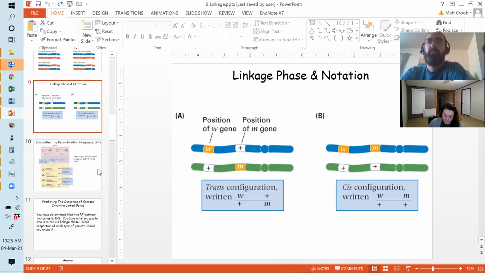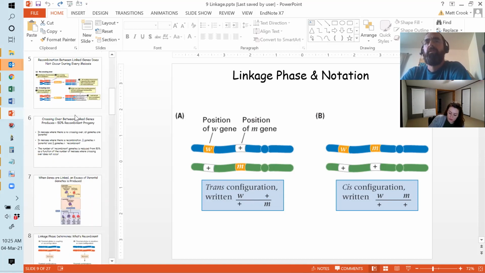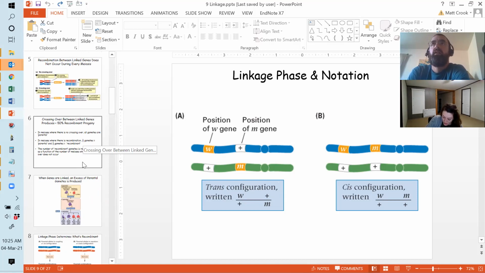Okay, so essentially, this is kind of interesting from an inheritance perspective, linkage, right? Because it means that you'll get certain combinations of phenotypes for specific traits if those genes are linked. Asthma is a great example.